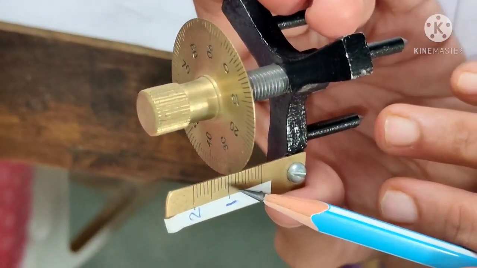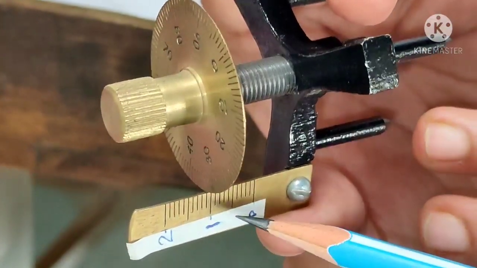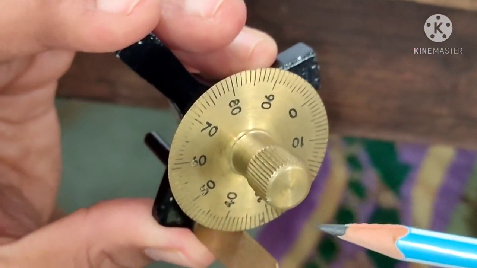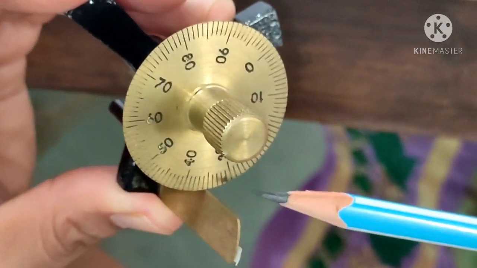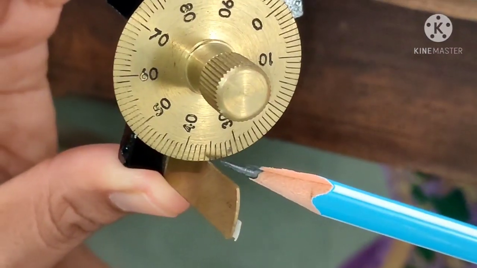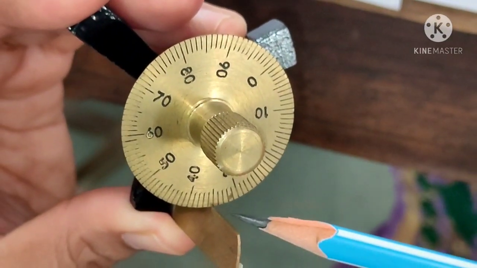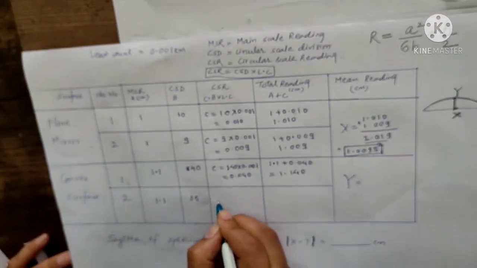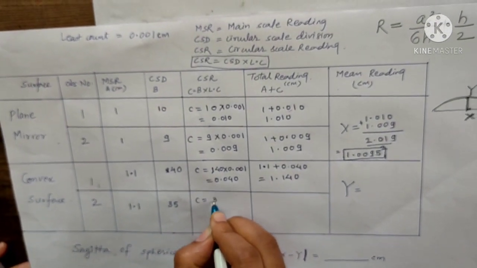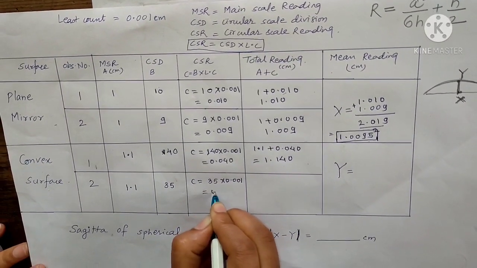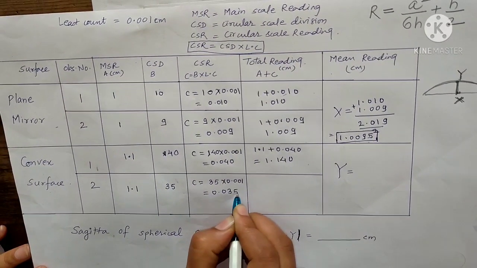So the main scale reading is 1.1 centimeter. For the circular scale reading, you can see that the 35th division is coinciding with the edge of the vertical scale. So the CSD is 35, multiplied by the least count 0.001.